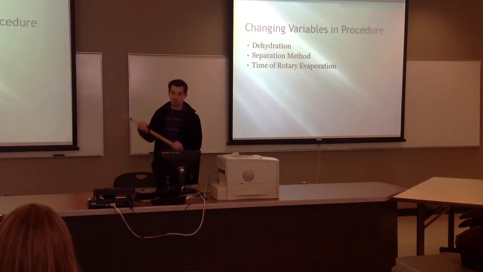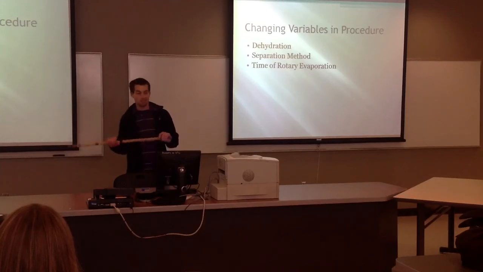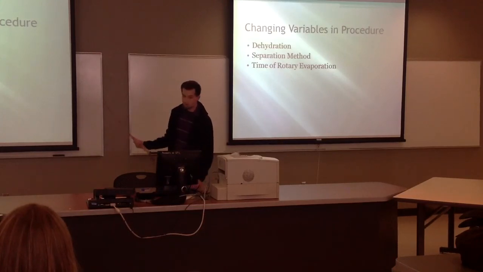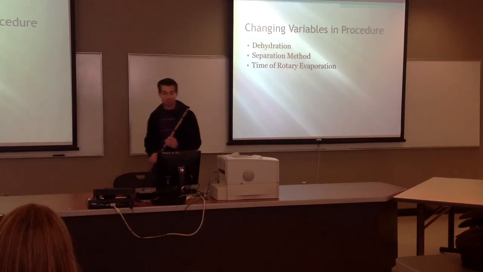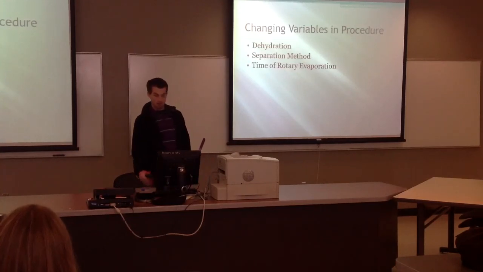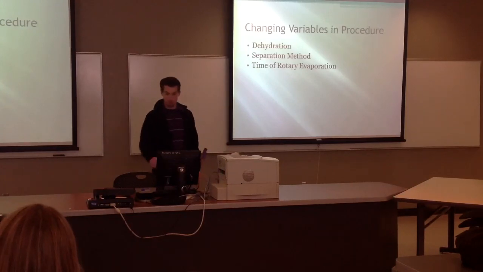Like I just talked about, the changing variables: we changed the dehydration times, whether it was in its skin or not in its skin, and we tried a round or two without dehydrating it. In the separation method, the Buchner filter with filter paper, without filter paper, cold pressing it, and just decanting it. We also tried different variations of the time of the rotary evaporation, and different degrees and spinning, or rotation, of the bowl.